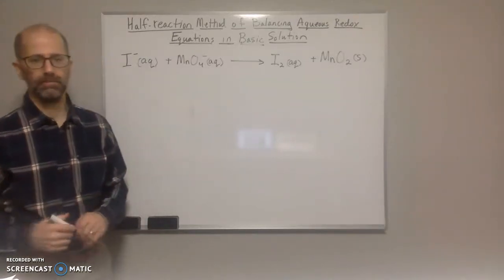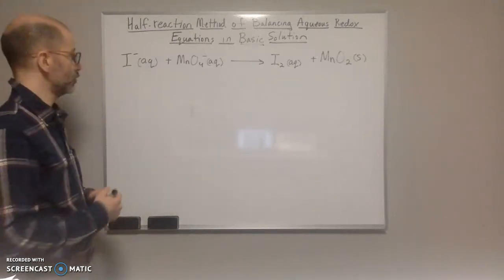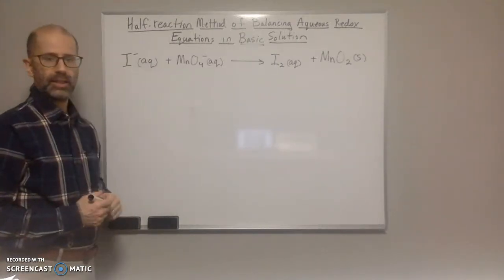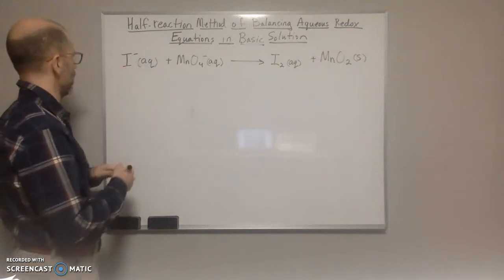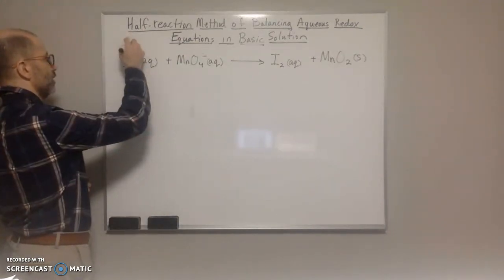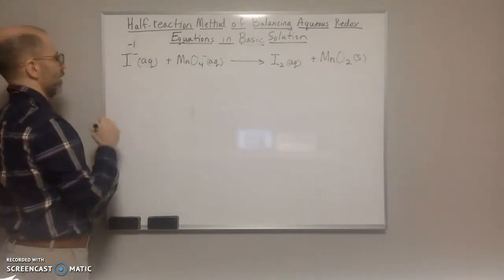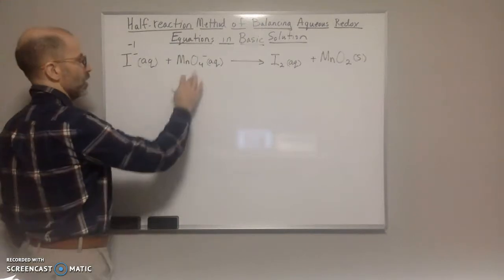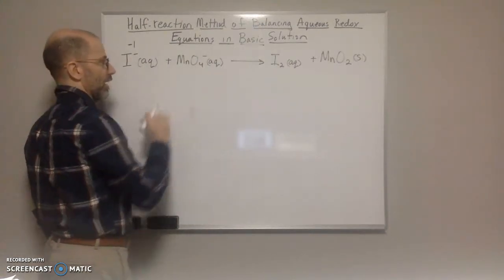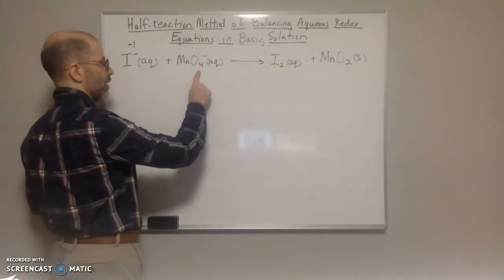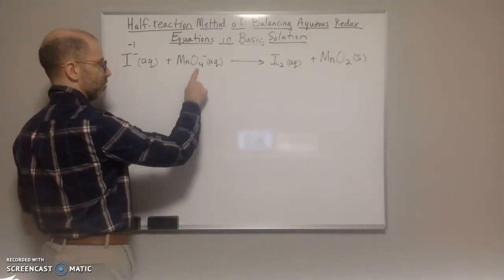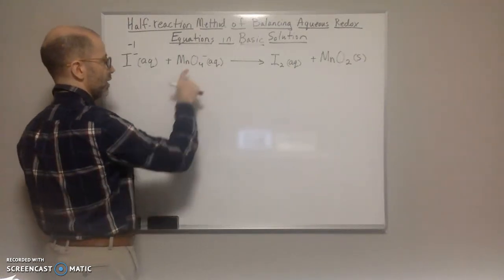Okay, let's get started. So first step is to identify the oxidation states of the elements. So for iodine here, we're going to have a negative 1. Oxygen has a -2 oxidation state. We have 4 of them, so that's going to be -8 for oxygen.